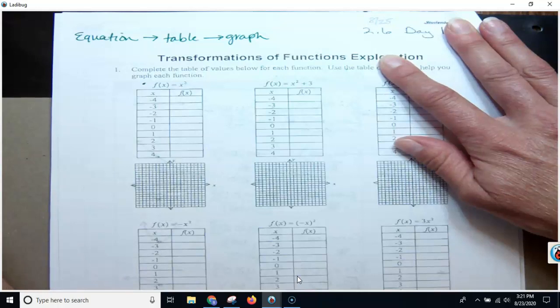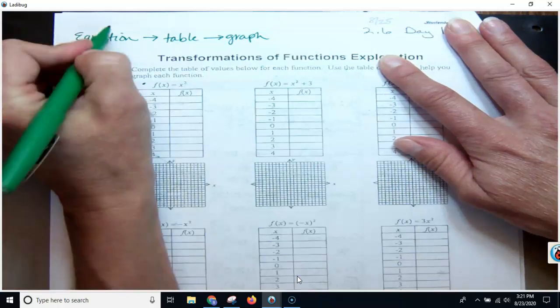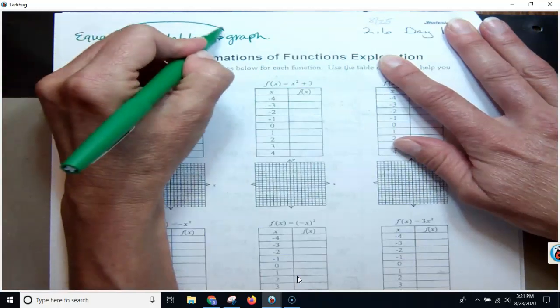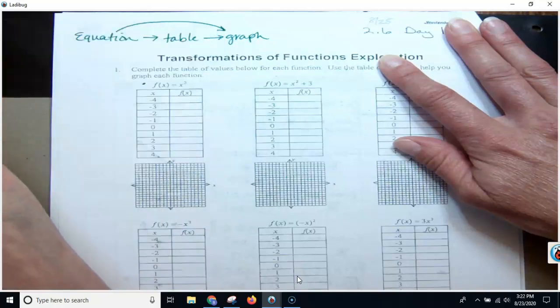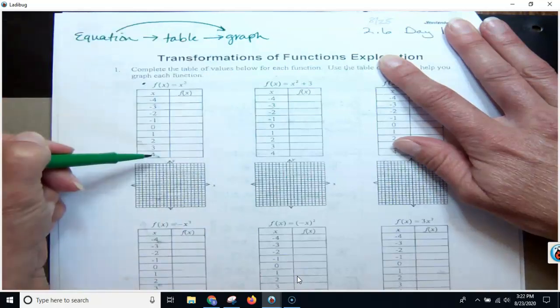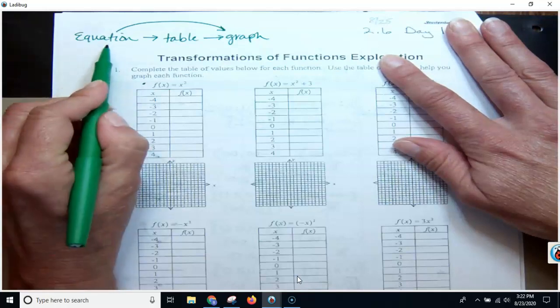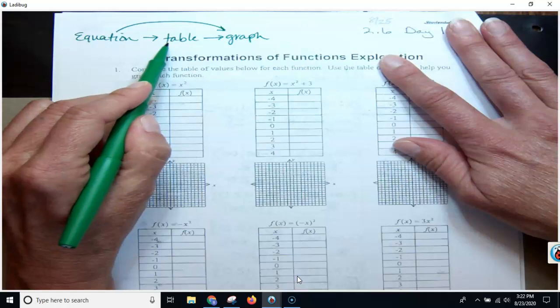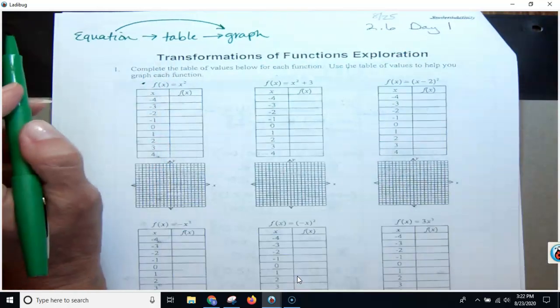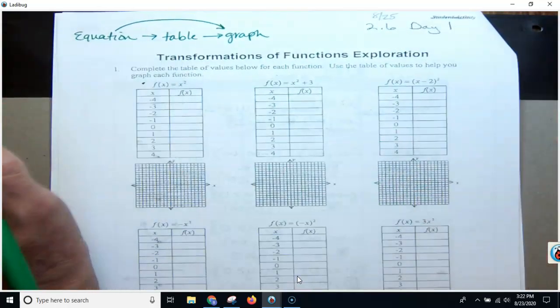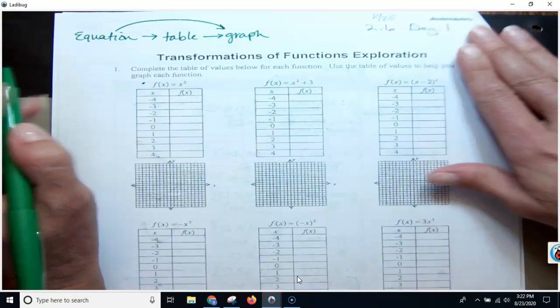But what I also want you to be able to do is eventually go from the equation to the graph without writing the table. Now, it's important for you to know how to get from the equation to the table. This is a very important step, so don't skip out on that step. So let's talk about this.